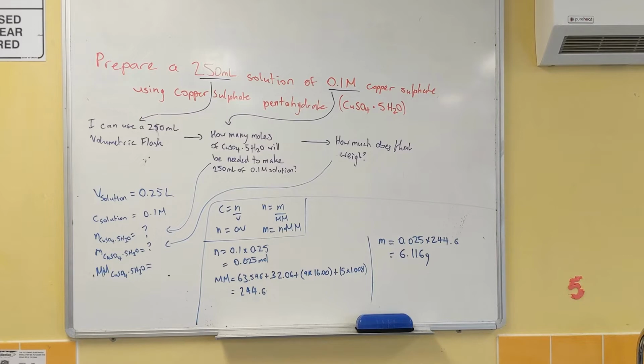Once I know the number of moles, I then also calculate the mass. So the mass that I'm going to be measuring out of copper sulfate pentahydrate is down the bottom there, about 6.11 grams is what I'm going to need. And that's what I'm actually going to be doing in my first step.